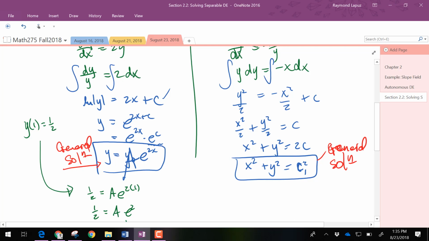Because we still have an arbitrary constant there. Now, like I said, if we're given an initial condition, like we were in the previous one, then we should be able to solve for that arbitrary constant, and then we can settle on which circle we're talking about. And further, you can decide whether you're talking about the top or the bottom half.